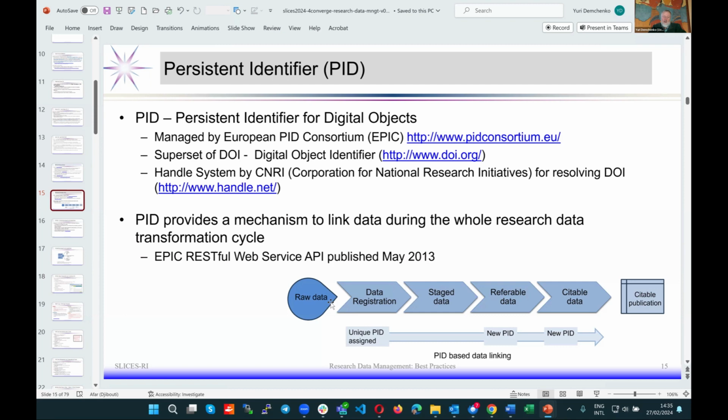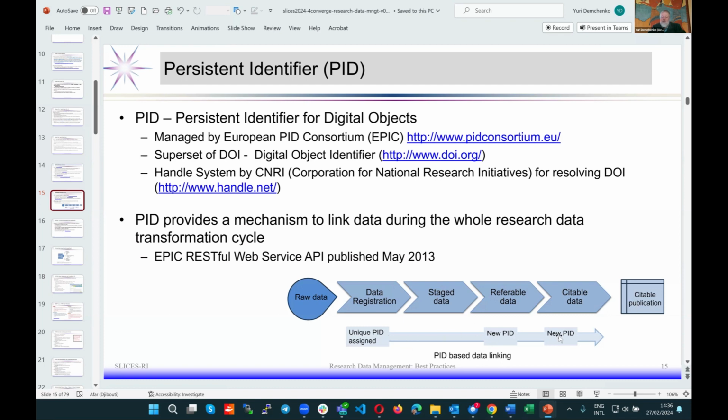PID also has a so-called life cycle. If data is already registered, after that it goes through many stages, and at the final stage it becomes citable and publishable.